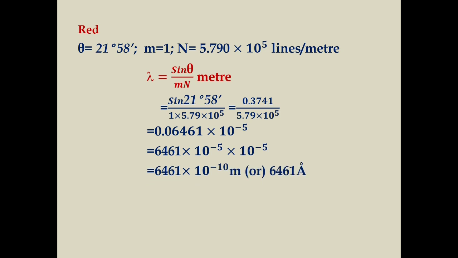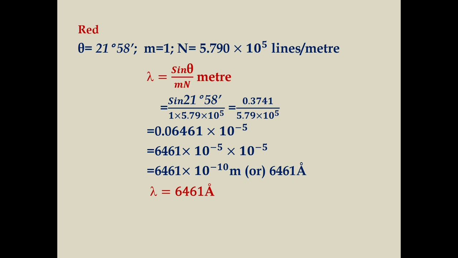So we have got the lambda value as 6461 into 10 power minus 10 meters, or the wavelength of the red color of this mercury spectra is 6461 angstrom. And for the red color, it is around 6200 angstrom. So we have almost got a value which is closer to the theoretical value.